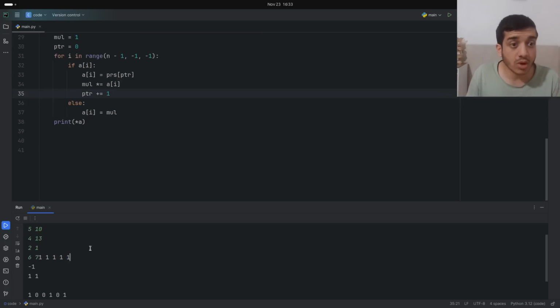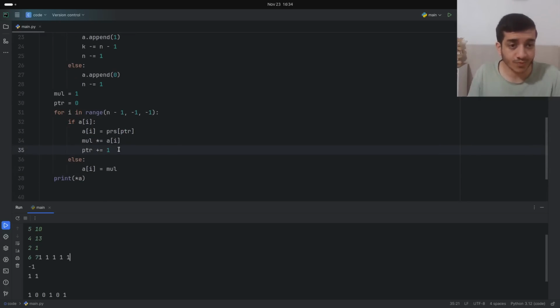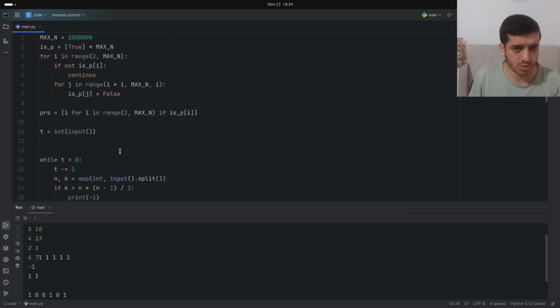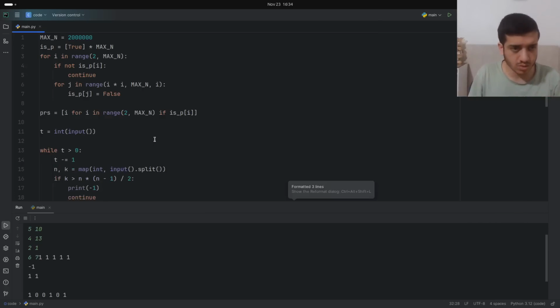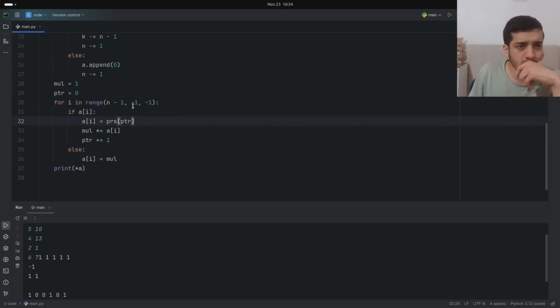Oops, all ones. Why is this like this? We need a prime here, but let me put a breakpoint here to see what is happening.